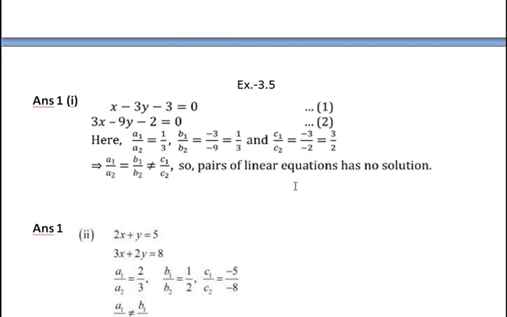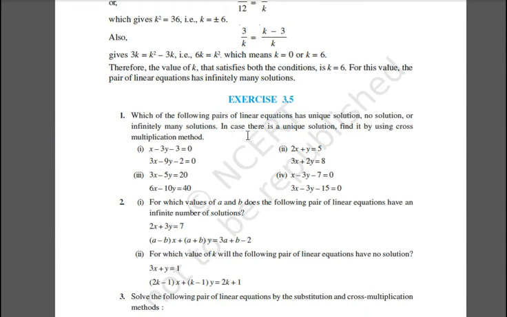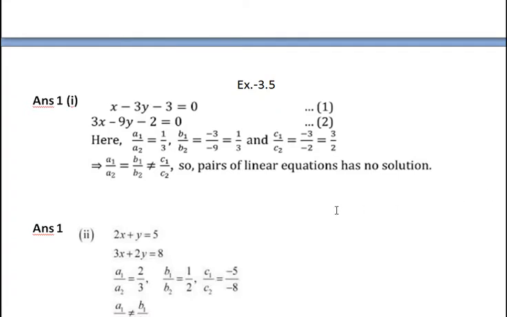So the pair of linear equations has no solution. In the book, in case there is a unique solution, find it by using cross multiplication. So if we have a unique solution, only then we will find the values, right? In this case, there is no solution.